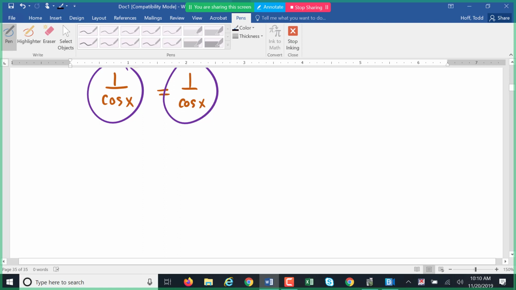Let's do a couple other examples. Let's do cosine x times cotangent x equals 1 minus sine squared x over sine of x.